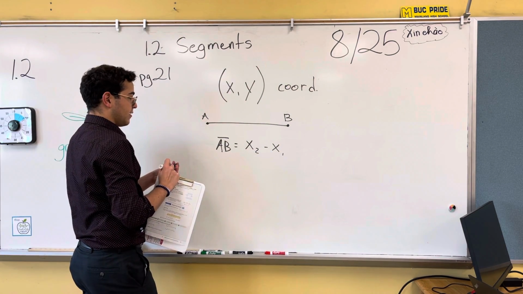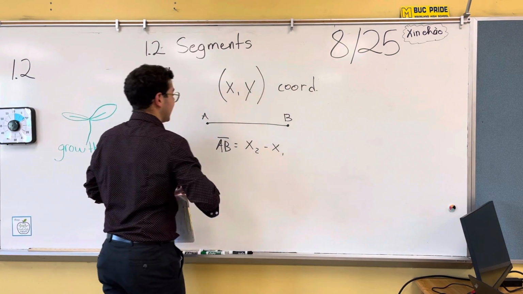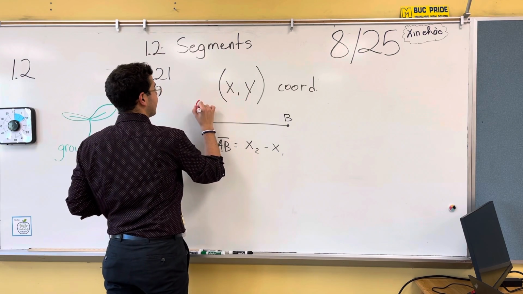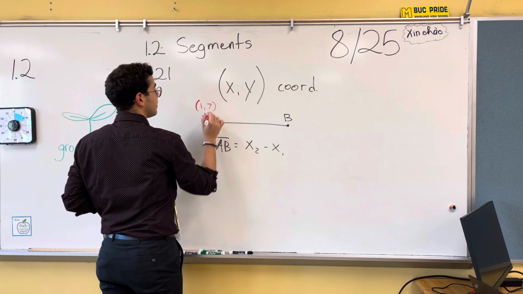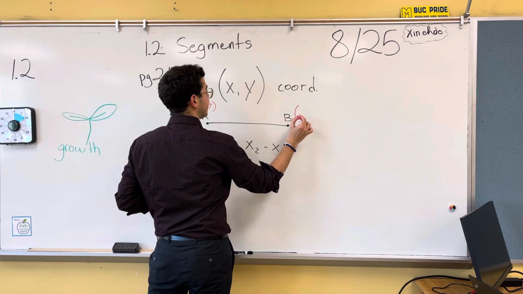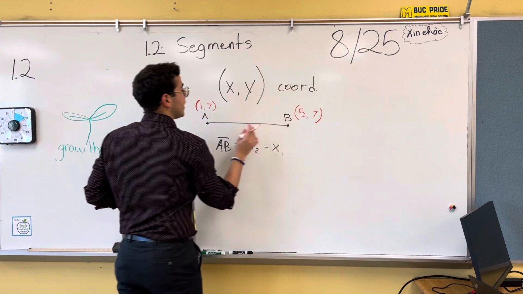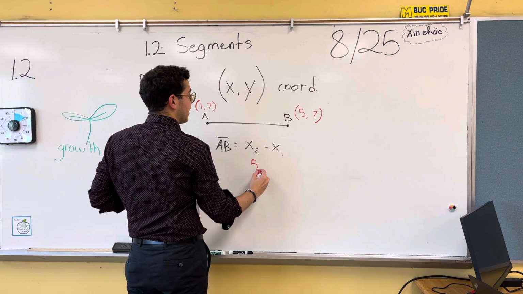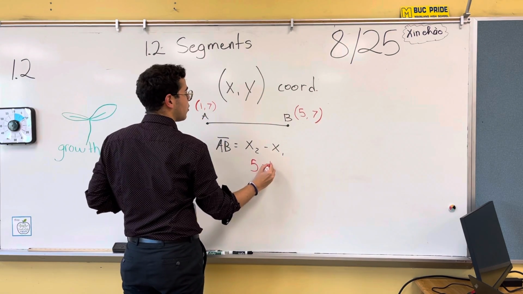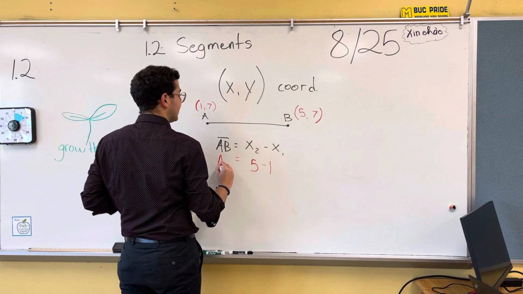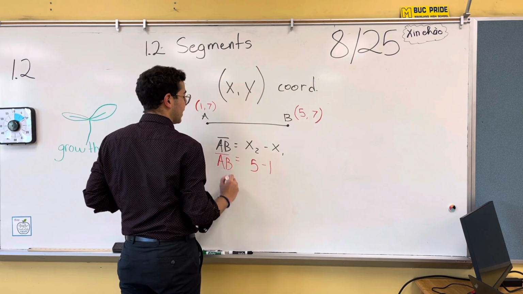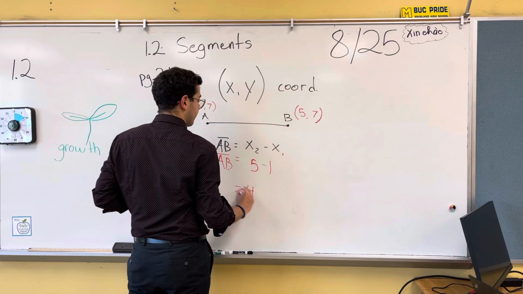So, to give an example, if this point A is at 1, 7, and this point is at 5, 7, the bigger x is 5, the smaller x is 1, and that means that the length of AB is 4.